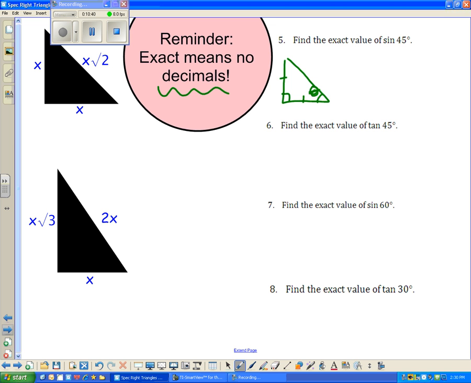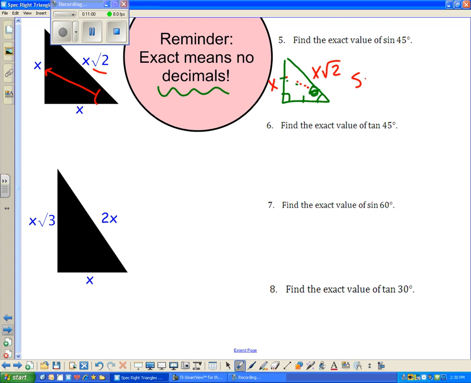So I want the sine, which is the opposite, this side across, which is the x over there, over the hypotenuse, which is x square root 2, right there.